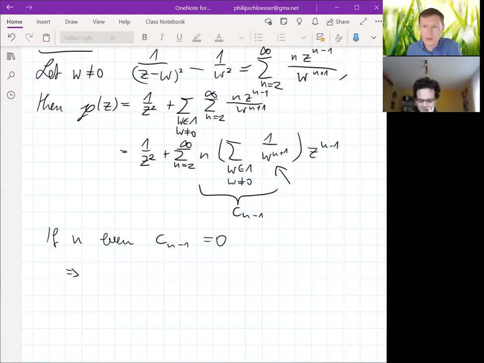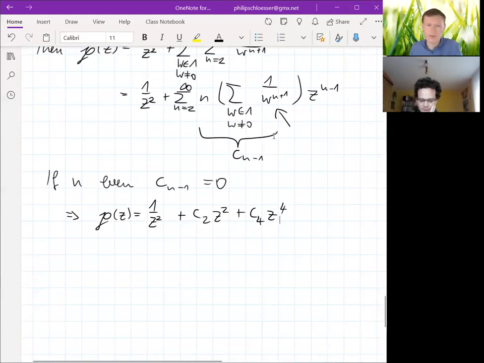So that if we just want the first couple of terms, we can write P of Z as 1 over Z squared plus C2 Z squared plus C4 Z to the 4th plus higher order terms.